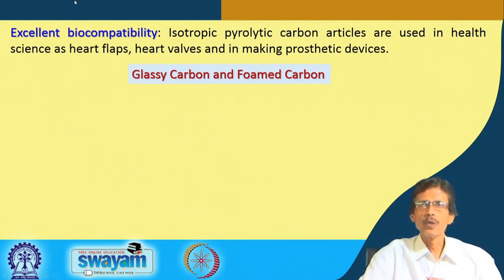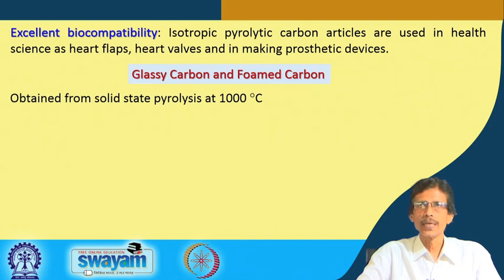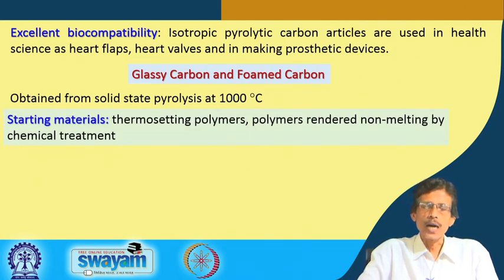And that carbon in the foamed form is known as the foamed carbon, and not very high temperature, only 1000 degree centigrade is fine. So, high temperature pyrolysis can produce at a temperature of 1000 degrees these two varieties of carbon. So, what are those starting materials?